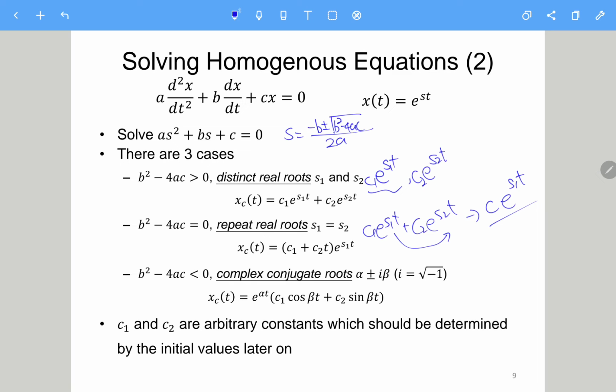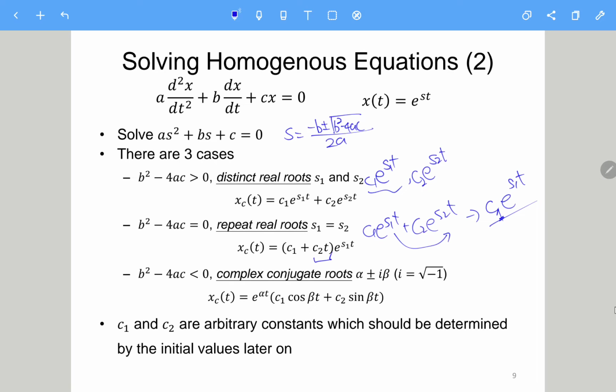Okay, but actually this one is not enough. We should have two independent solutions to this. So in order to get that, the conclusion is that we try to multiply a t here.